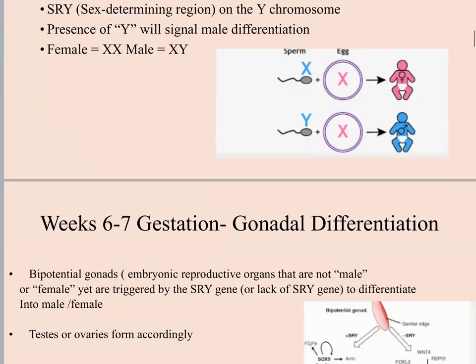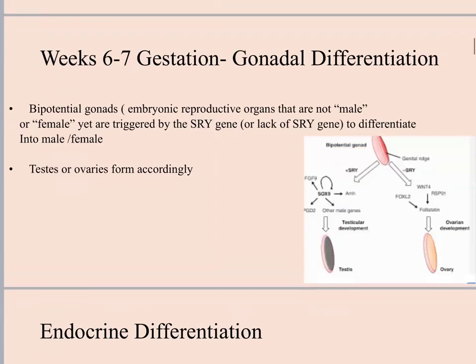Between week 6 to 7 of gestation, we have gonadal differentiation. And gonads are something that secretes sex gametes, and it's the primary reproductive organ. So before differentiation, we have bipotential gonads. So two potential things. These are embryonic reproductive organs that are not male or female yet.